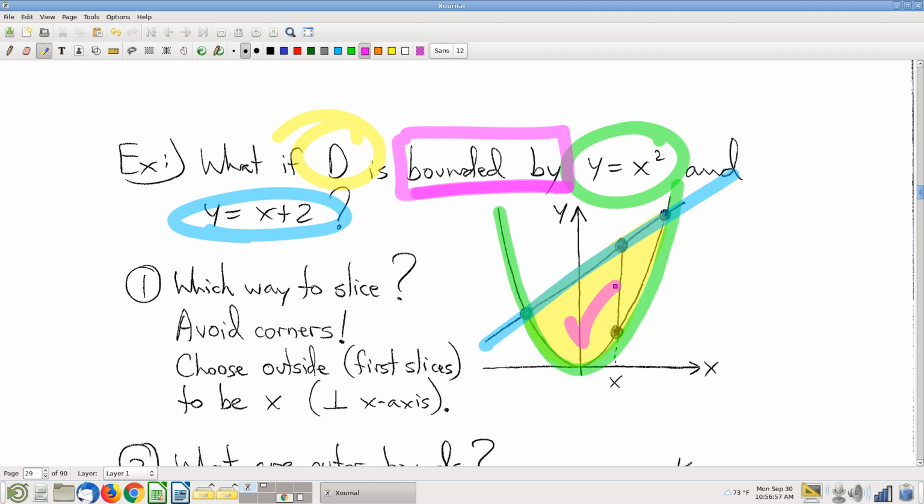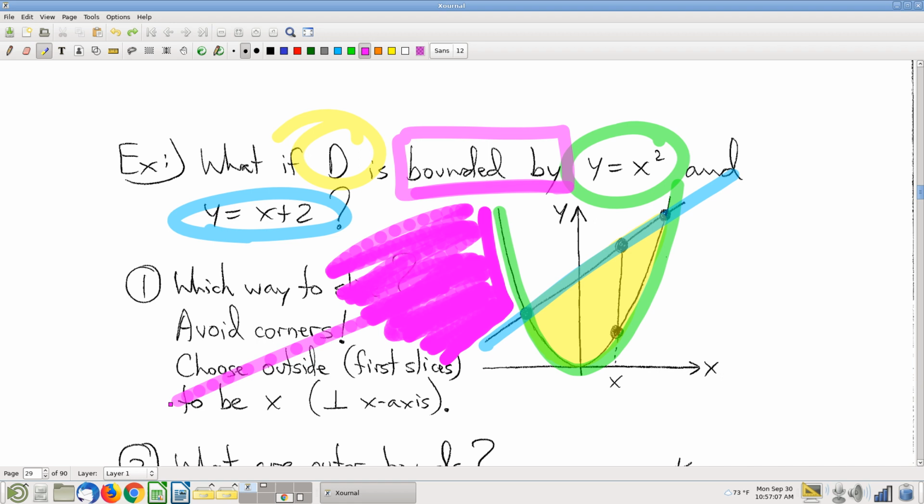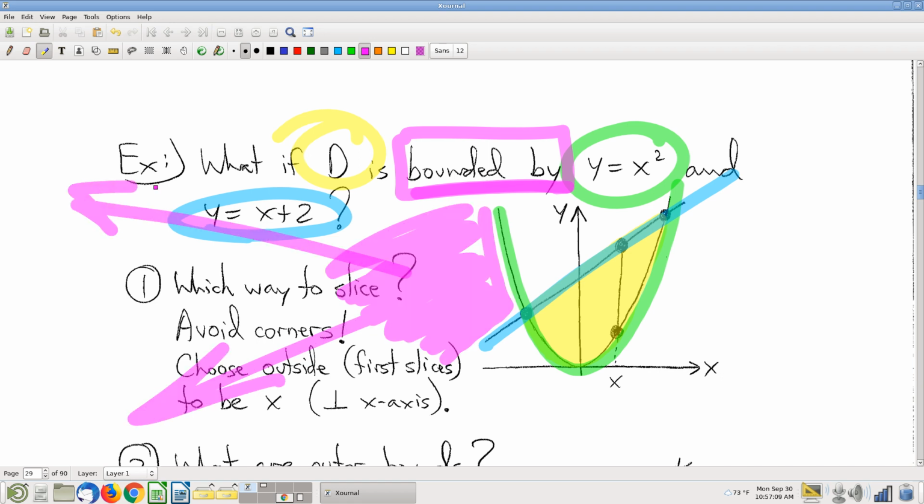If you're sloppy, though, you might misinterpret and think, well, hey, look, there's this region over here, extending infinitely in those directions. That region, its boundary is those two curves. But it's not bounded. Right?